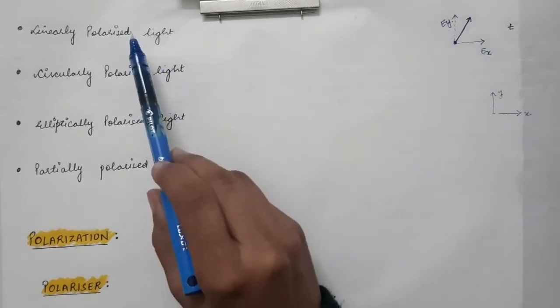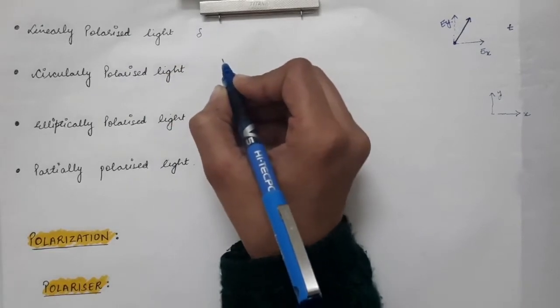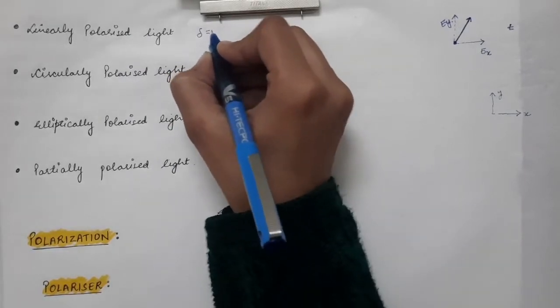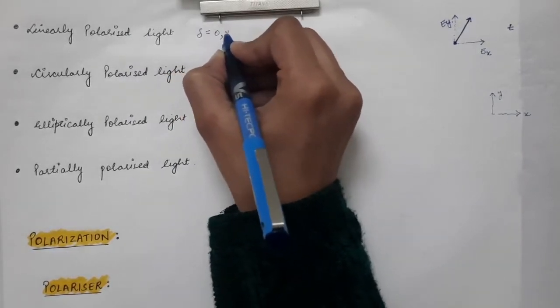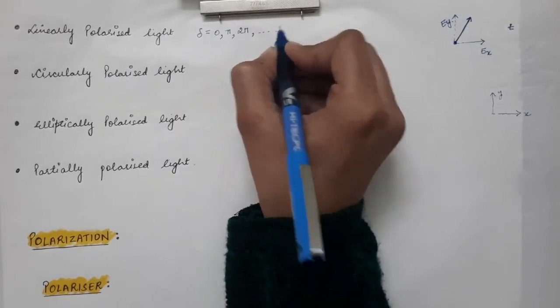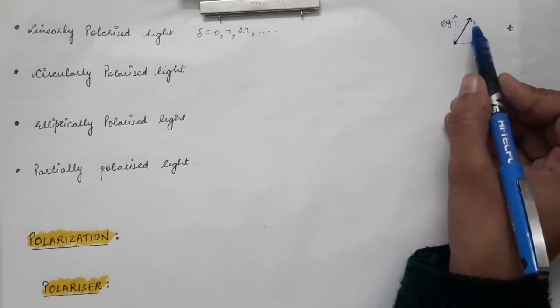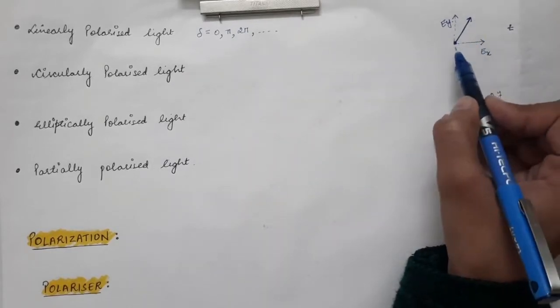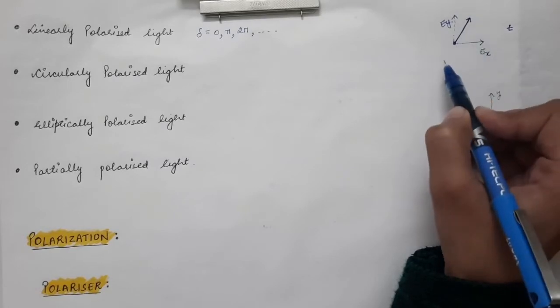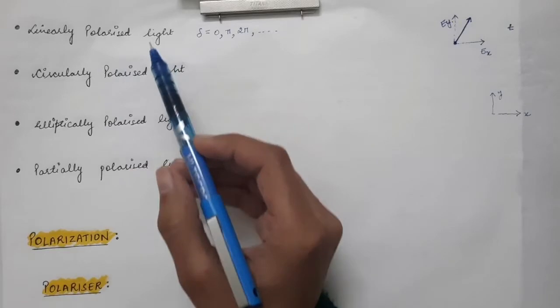Then if the phase difference between the two orthogonal electric fields which superimpose on each other is equal to 0, or pi, 2 pi, 3 pi and so on, the net electric field that we will get will oscillate along a straight line. So that will give us linearly polarized light.